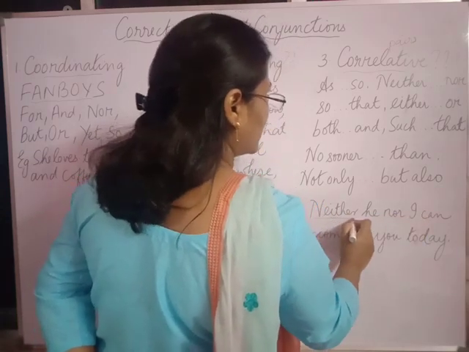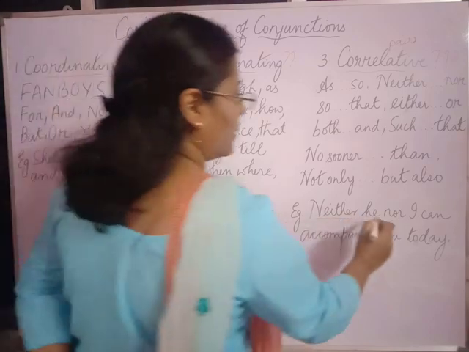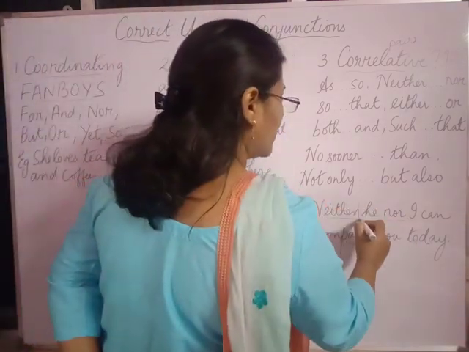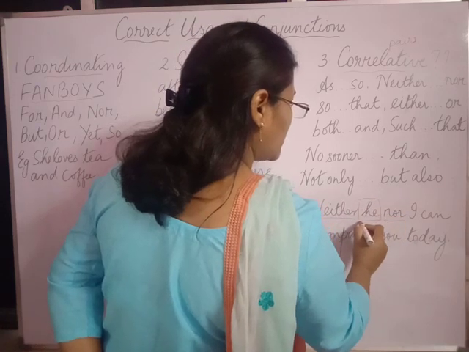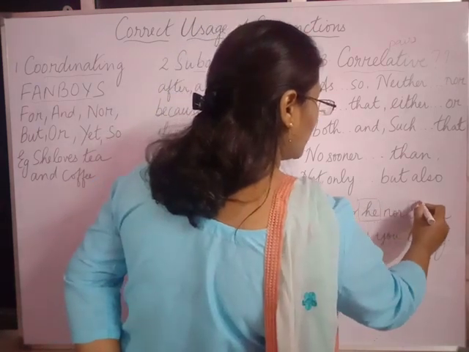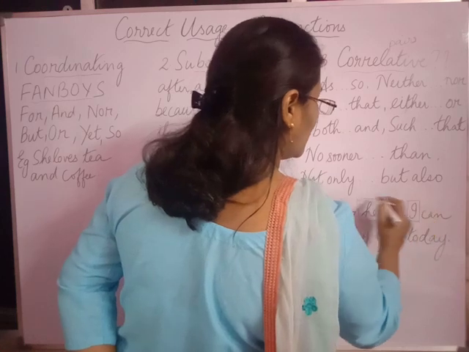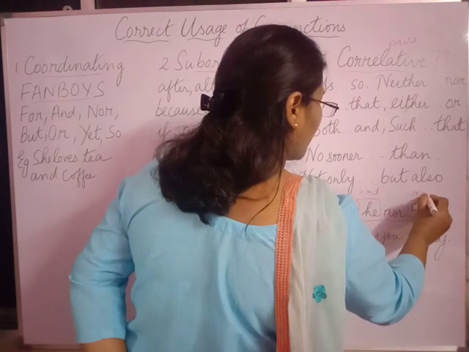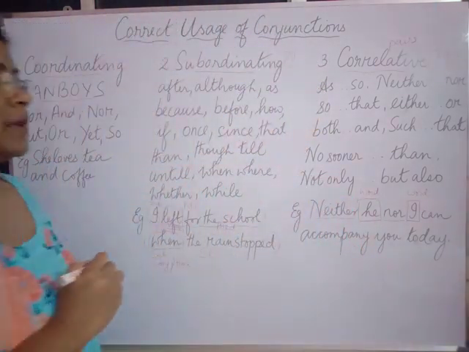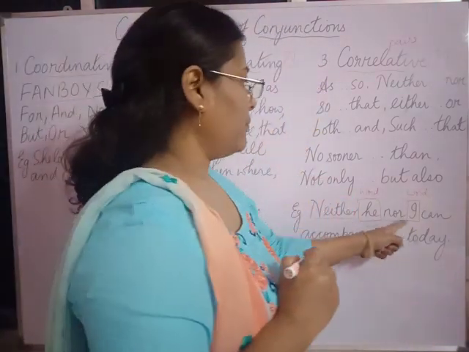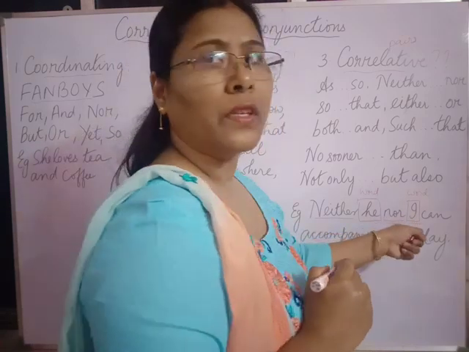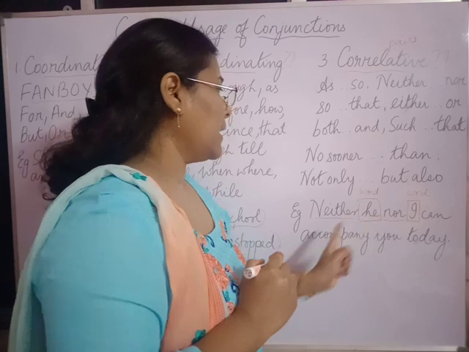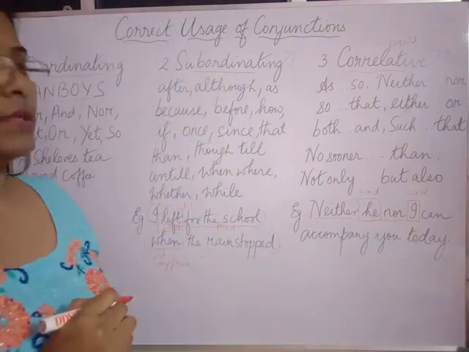Neither and nor is the correlative conjunction, showing the relationship between the two words. He and I, these are related words, and neither and nor is connecting these two words.